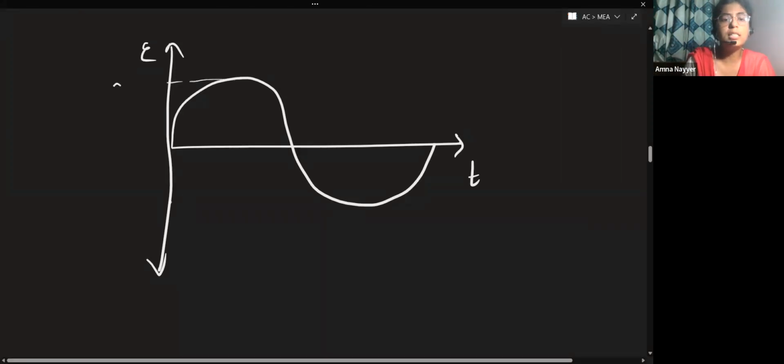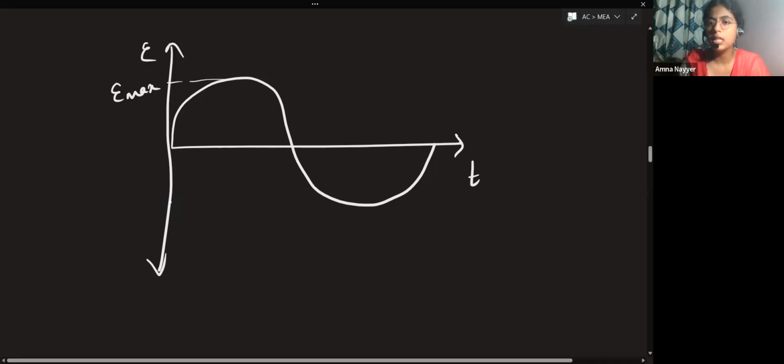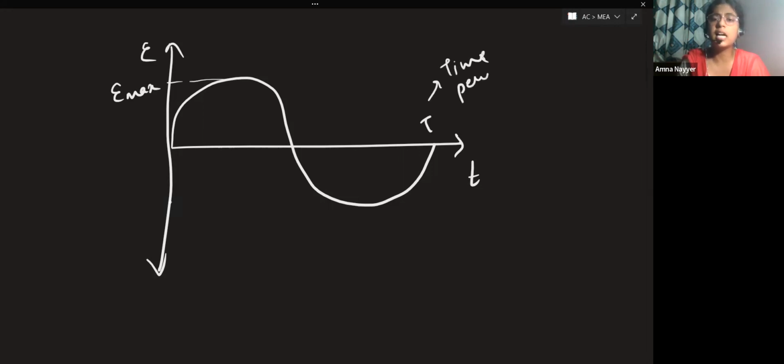This is the maximum value of EMF, Emax. And this one complete period for one wave to complete its motion is known as the time period. No need to go into these details. Just understand that the graph will look like this. This is the amplitude, the maximum value. This is the origin of the graph.